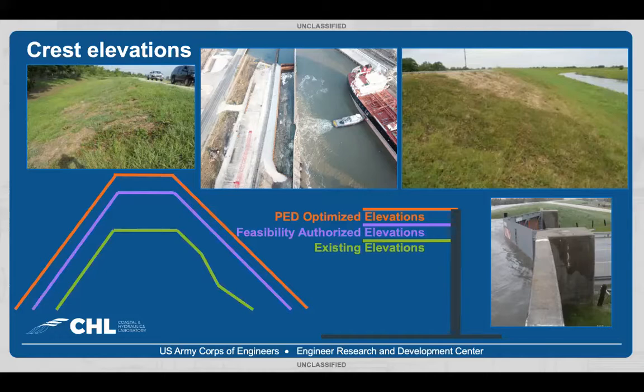Just above that in purple is the feasibility elevations that were authorized for construction by Congress. The orange is the optimized elevations we computed during the PED study that just met the overtopping limit states for SLC1. The more accurate design methods typically increase the PED wall and levee elevations over the feasibility elevations.